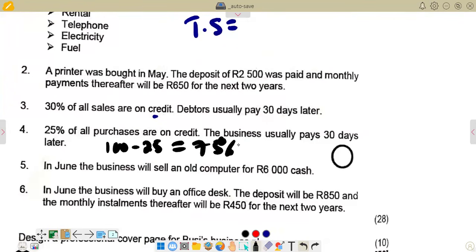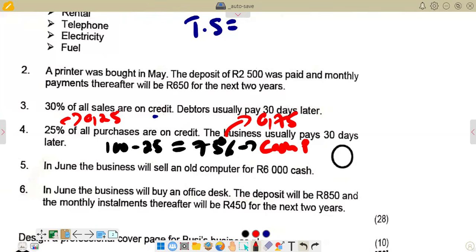So 75% will be your cash purchases, as simple as that. So we are going to use 0.25 for our credit, being our 25% as a decimal, and the 75% as a decimal for our cash purchases will be 0.75.